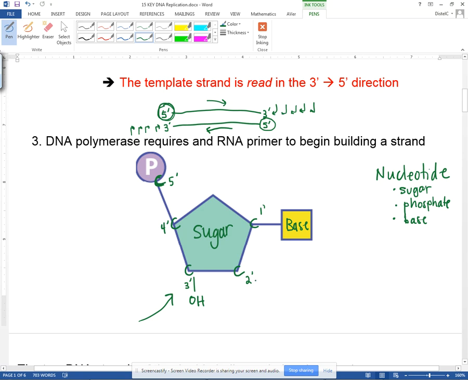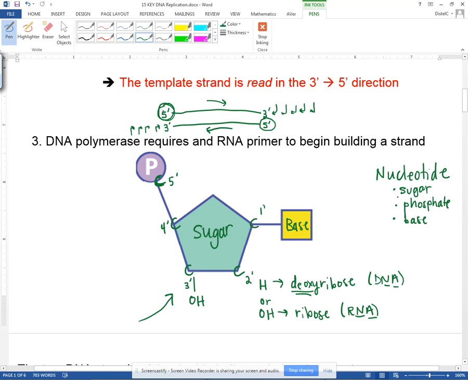On this 2' carbon hanging off of here, it could be H or OH. If it's hydrogen, that means it's missing an oxygen. So this is the deoxyribose, the sugar in DNA. That's how it's different. If it's OH, it has the oxygen, so this is ribose sugar, and that's going to be found in RNA. Both of these are nucleotides, because both are nucleic acids, they're both made out of nucleotides.